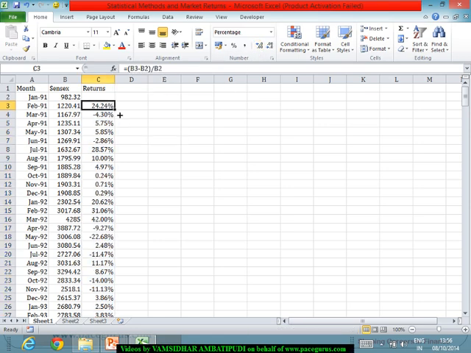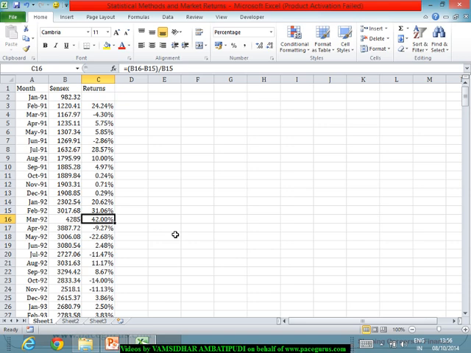In February there was a return of 24%, in July 28%, whereas in May 1992 I am seeing a minus 22, in March 1992 I am seeing a plus 42. So these are the different kinds of returns that I have looked at.